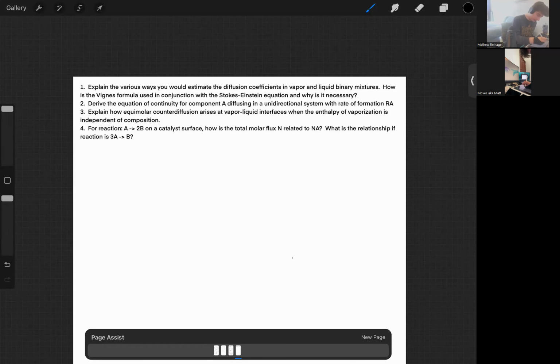I'm going to say that the molar flux of A in vapor plus the molar flux of A in liquid equals 0, right? So what I can say is that the molar flux of vapor in this case equals the negative molar flux of A in liquid, right?